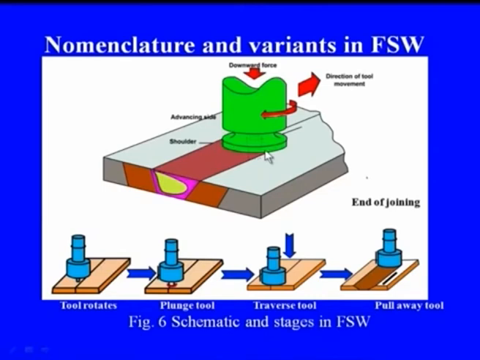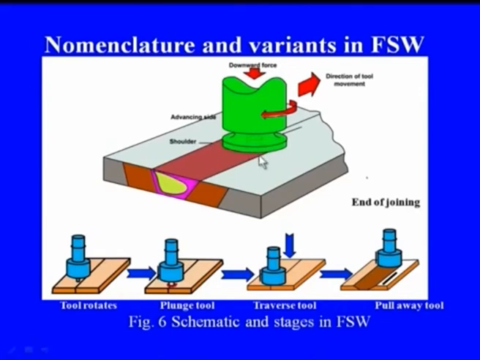This is another important aspect, because this tool will be under intense pressure and severe conditions as far as the speed is concerned, as far as the temperature is concerned. So, it will have to face severe conditions at the interface.